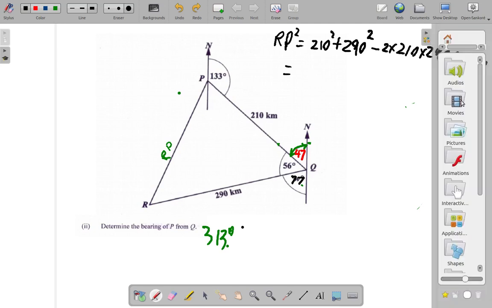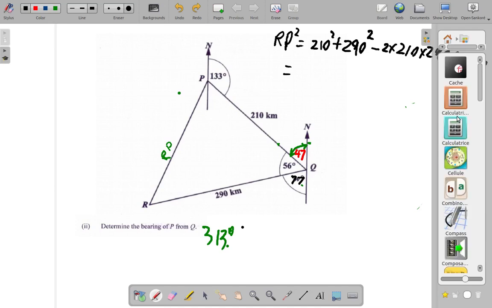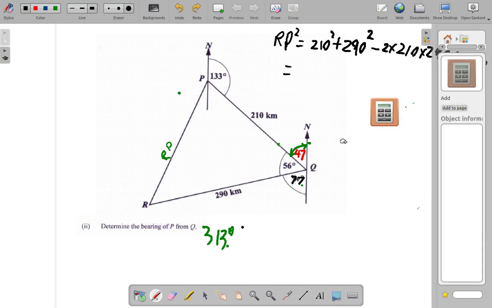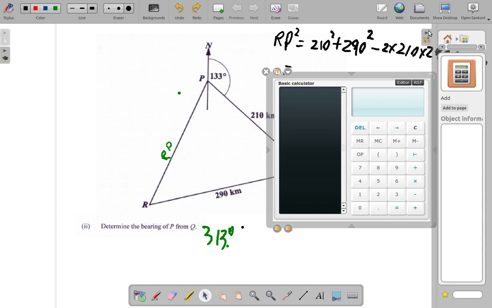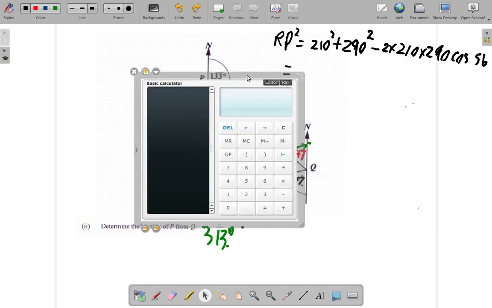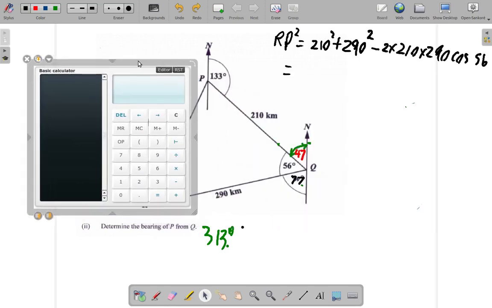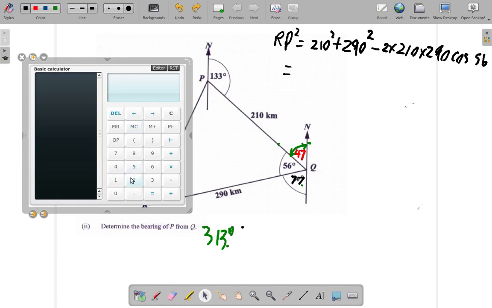Let's go to a calculator. Alright, let's use this calculator for now. So 210 squared. This calculator doesn't have a square on it, so I'll just do 210 times 210 is equal to 44,100.